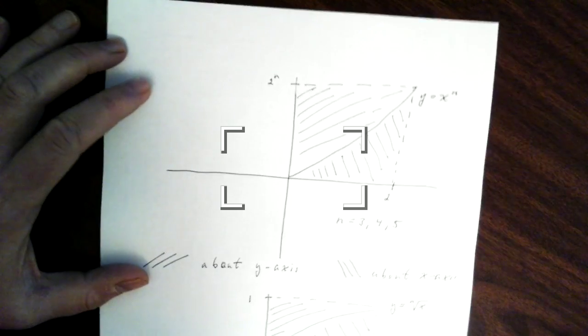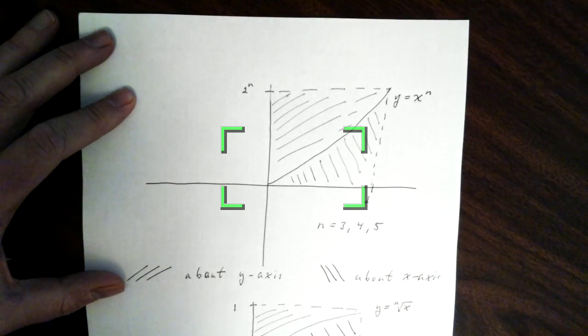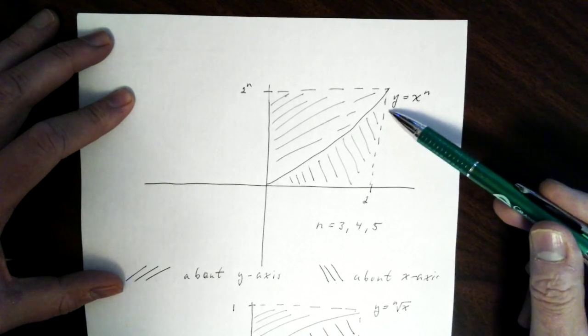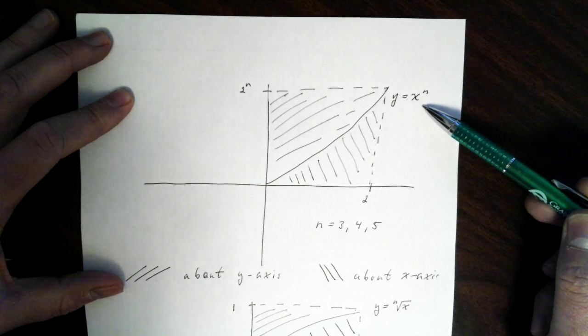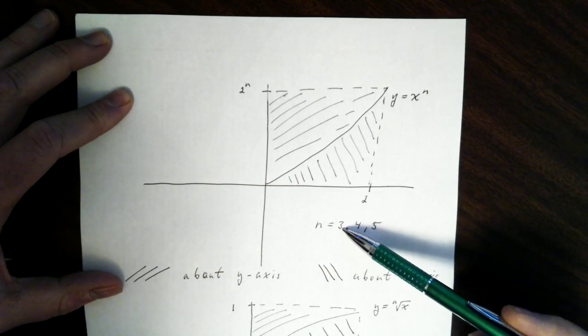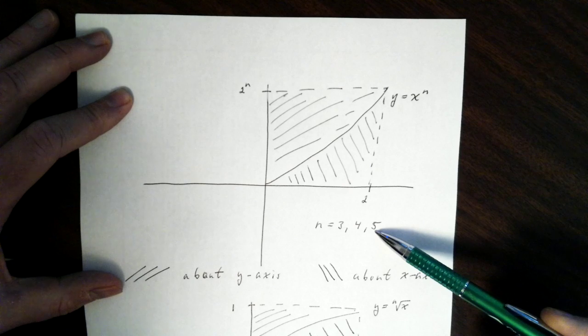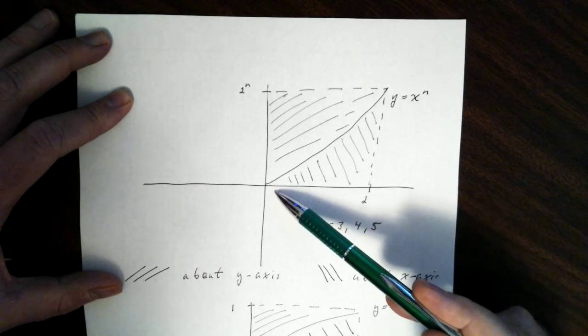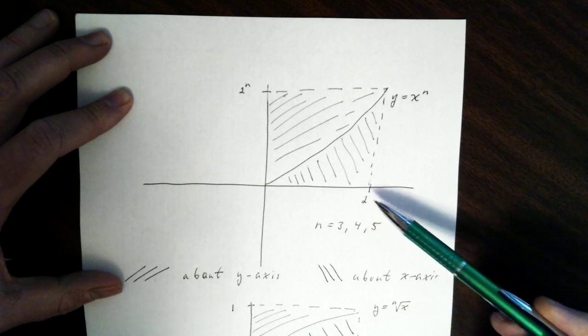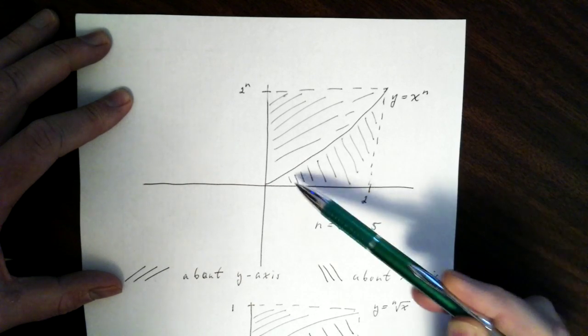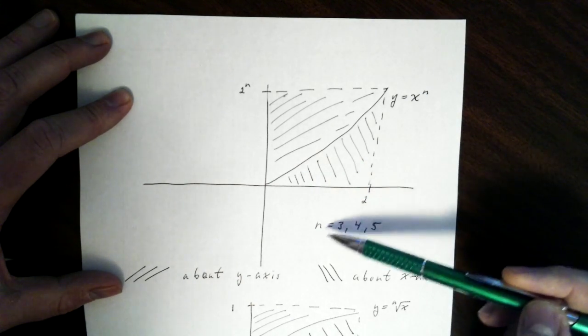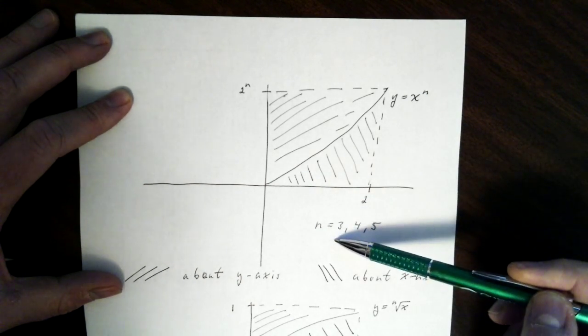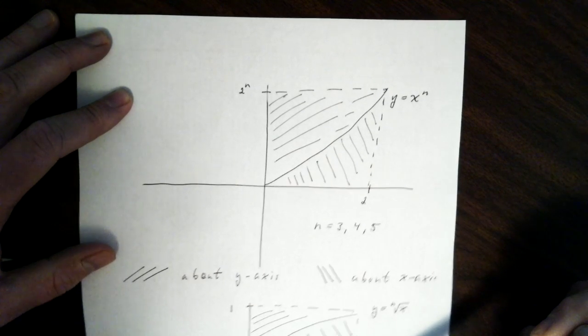Now, here are some problems for you to think about. Take a power function, y equals x to the n. Try it for n equals 3, n equals 4, n equals 5, and rotate the region bounded by the x-axis, x equals 2, and the curve around the x-axis and determine the corresponding volume.